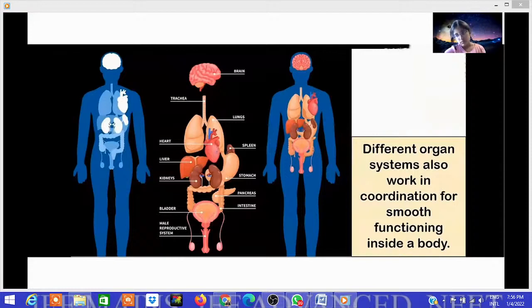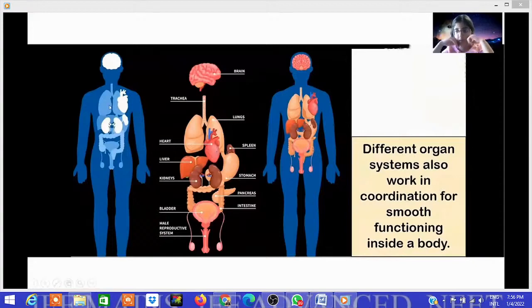As you can see, different organ systems, meaning respiratory, muscular, not organs, work in coordination for the smooth functioning inside our body. They work a lot for us.